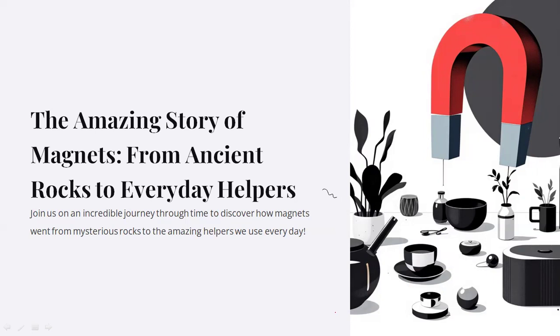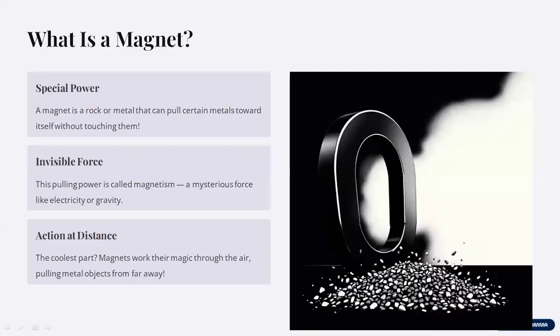Okay. So start with magnets. The question is, what is a magnet? We already know that some objects attract other objects. It is not able to attract all objects, but there are some items which get attracted to it, so it has some special power.